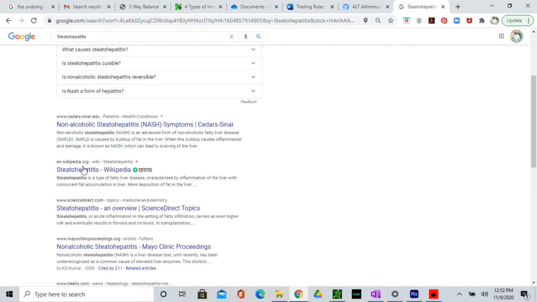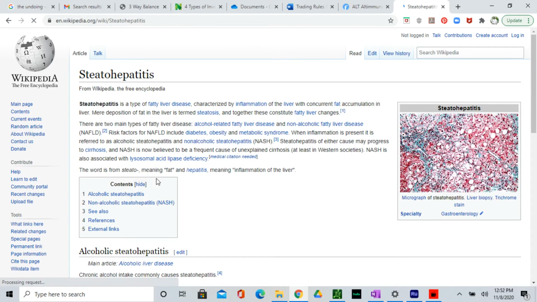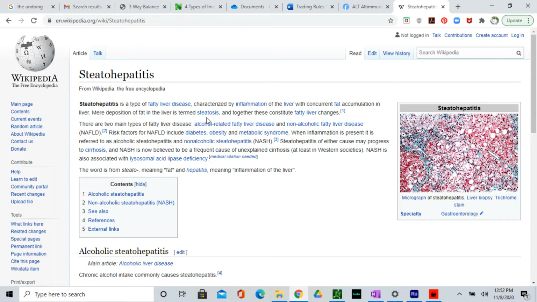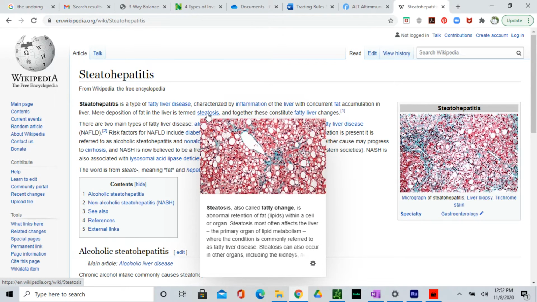Let's see, Wikipedia is always good. Sorry, these are the little detours I might take, as I want to remember certain biological terms that I am not 100% familiar with like I used to be. So I know it's an inflammation now of the liver. The term steatosis, right? It's a retention of fat within the organ.